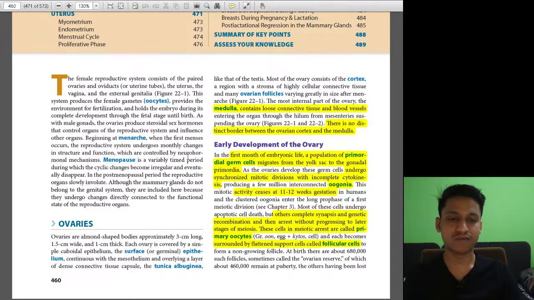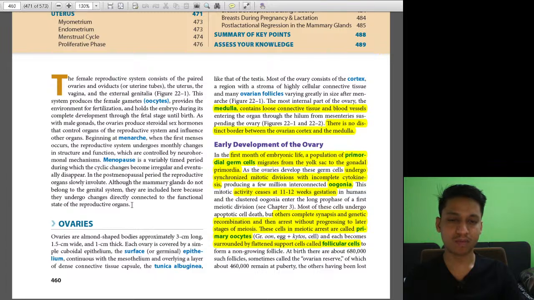Menopause is a variably timed period during which the cyclic changes become irregular and eventually disappear. In the postmenopausal period, the reproductive organs slowly involute. Although the mammary glands do not belong to the genital system, they are included here because they undergo changes directly connected to the functional state of the reproductive organs.